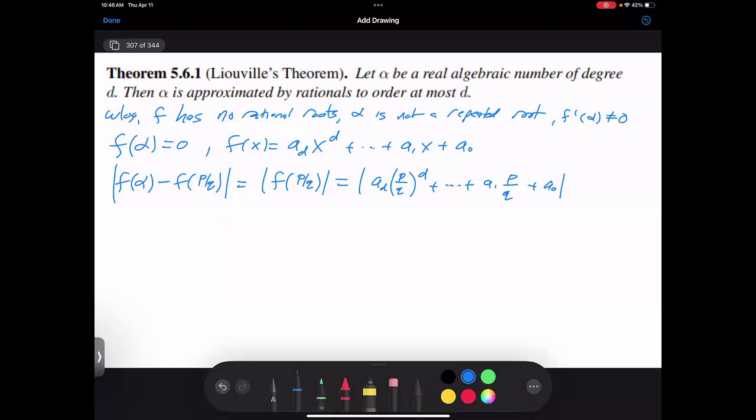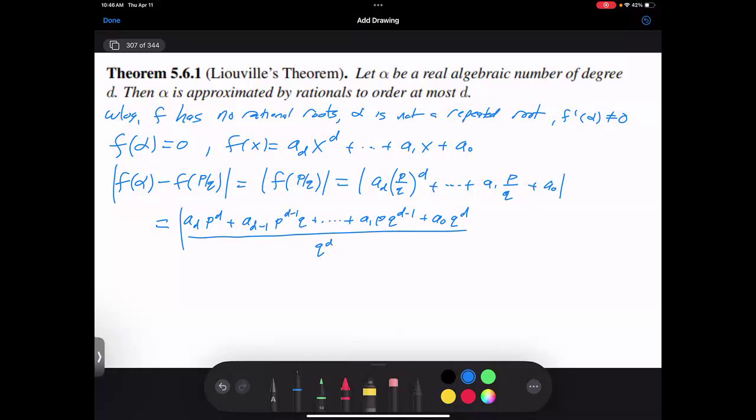We know that this is equal to a sub d p to the d, plus a sub d minus 1 p to the d minus 1 q, plus ... plus a1 p q to the d minus 1 plus a0 q to the d, all divided by q to the d.